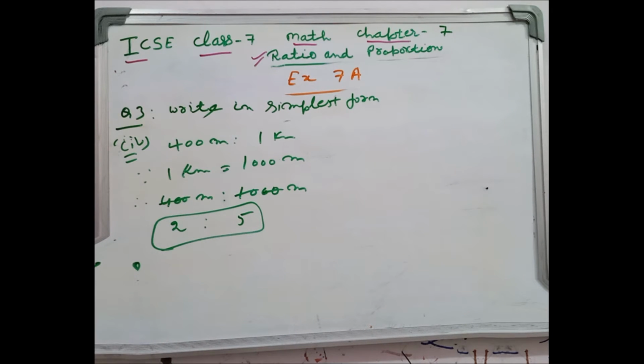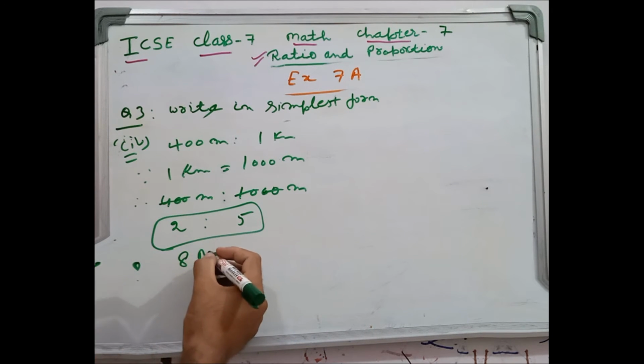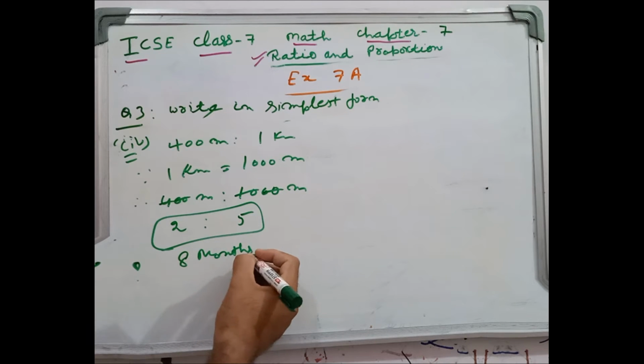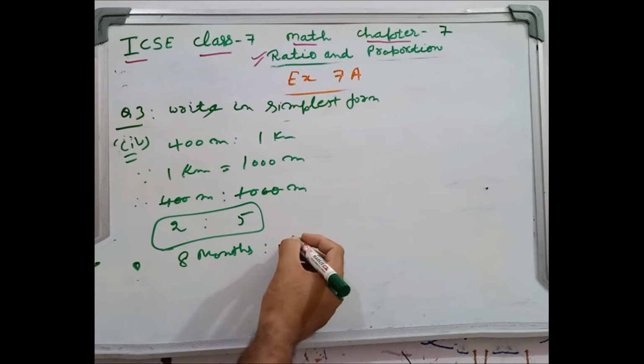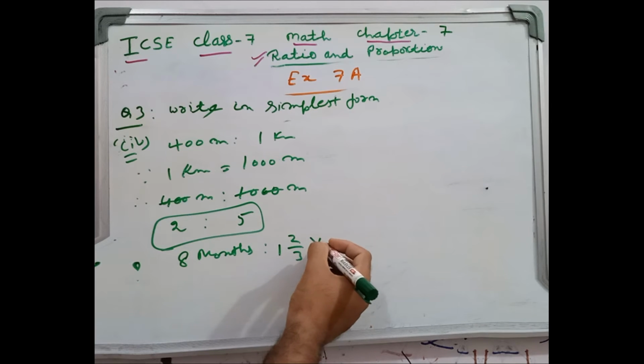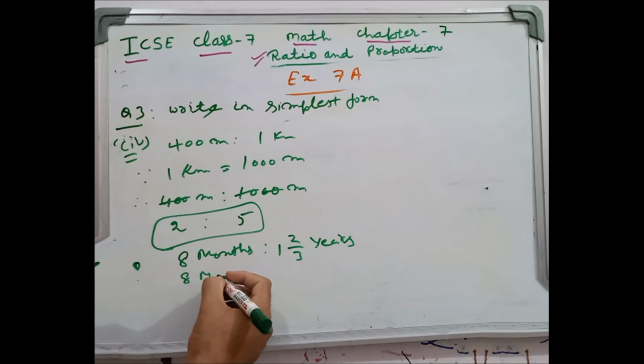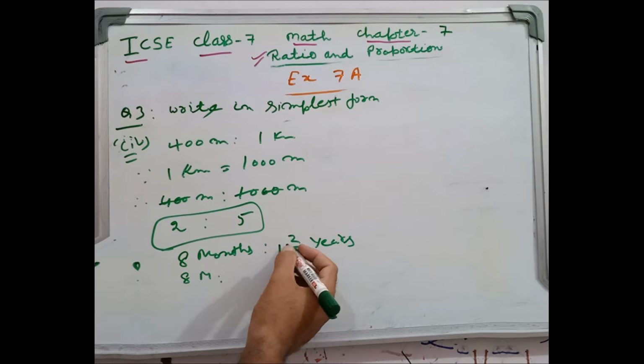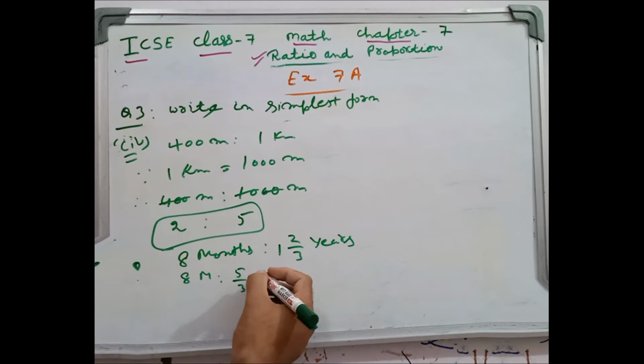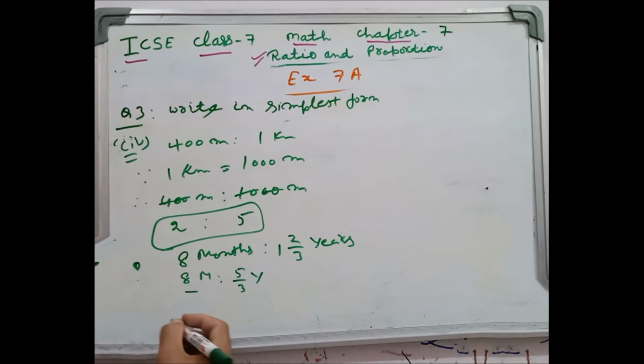Right, now move on to fifth. This is 8 months ratio 1 2 by 3 years. So 3 1s are 3, it is 5 upon 3 years. So these are months, these are years, because 1 year is equal to 12 months.